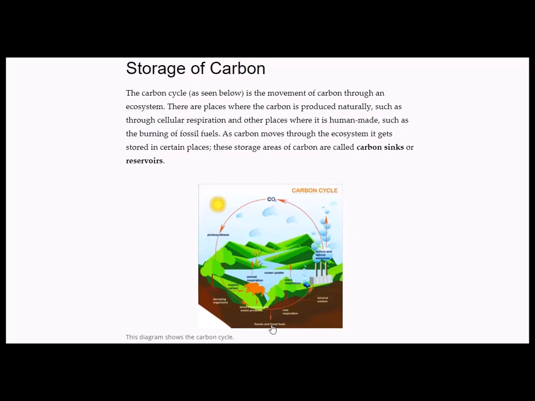Sometimes it can be released in geothermal vents. The big one is volcanoes. So a volcano erupts and spews a bunch of carbon back out into the atmosphere. Sometimes it can actually kind of bubble its way back up to the top. That takes a long time. But the bottom line is these natural cycles that put this carbon back into the atmosphere when it's deep below ground are very slow, rare, and balanced.